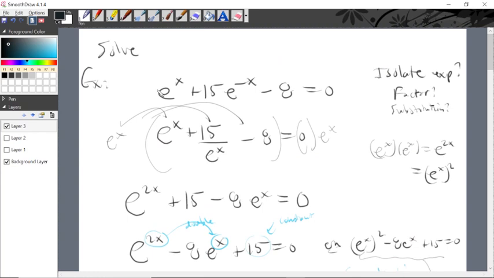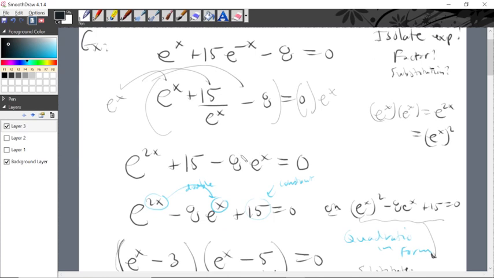Okay, so I multiplied by e to the x, regrouped the terms, commuted the terms, and recognized that we in fact had, disguised here, a quadratic in form equation. So we set it up as a standard form quadratic equation, that is, descending order of the powers. We had a trinomial. This exponent was double that exponent, and this was a constant, and we had it equal to 0.